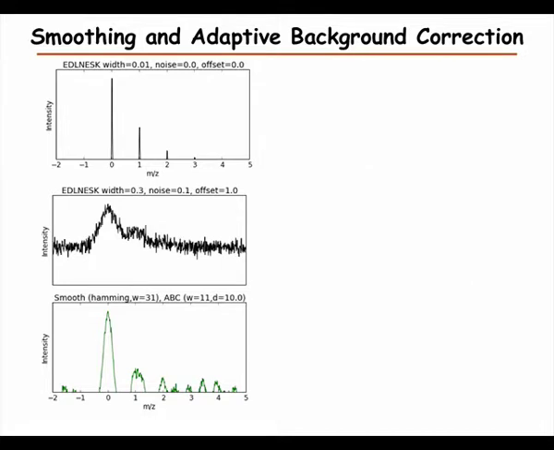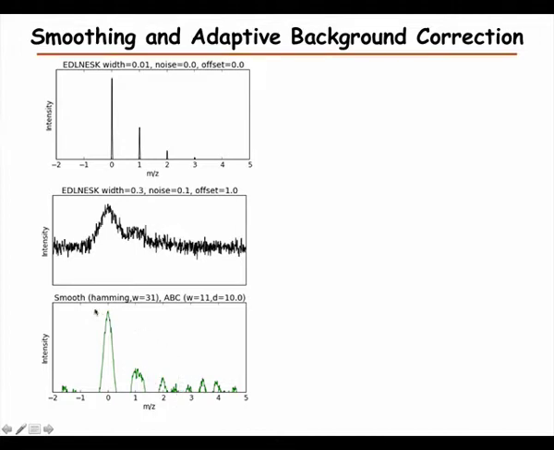So now if we have both noise and wide peaks, then we need to combine smoothing with adaptive background correction. Here we see one example where we have both noise and the first two peaks are almost indistinguishable, and I can't really see where the third one is.